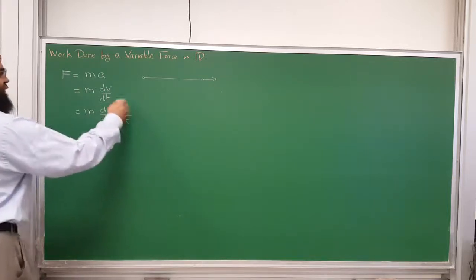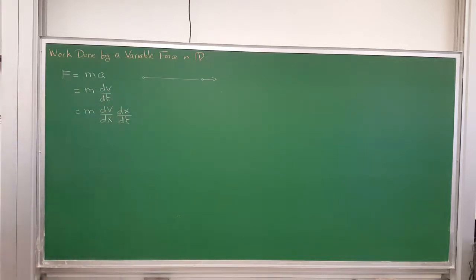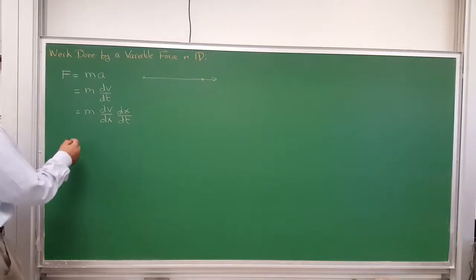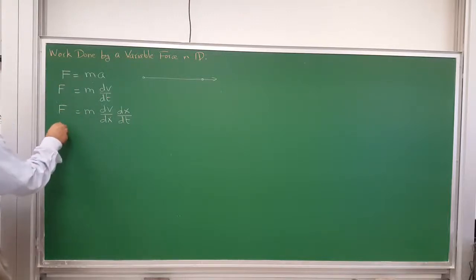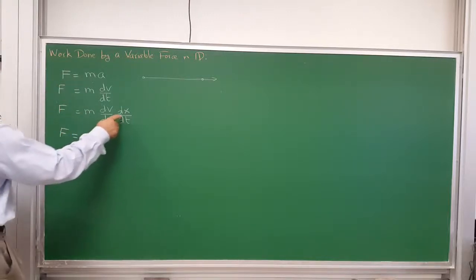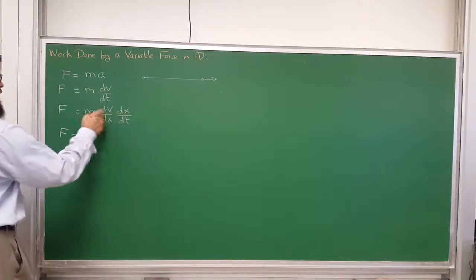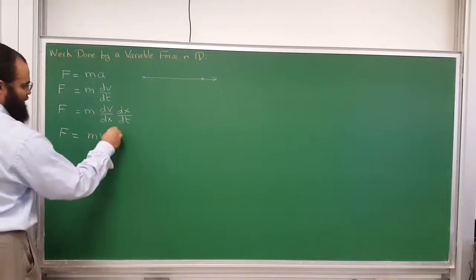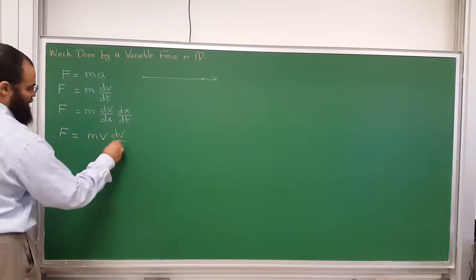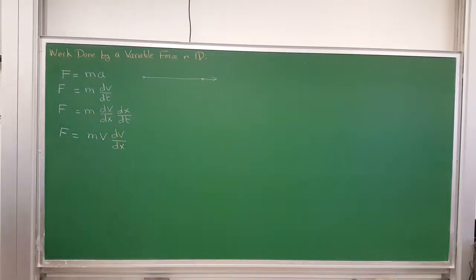And that's in fact how you derive the chain rule. So now, let's continue. I have F equal to m, and dx dt is v, so I'm going to write that in front here. So I have m v dv dx.